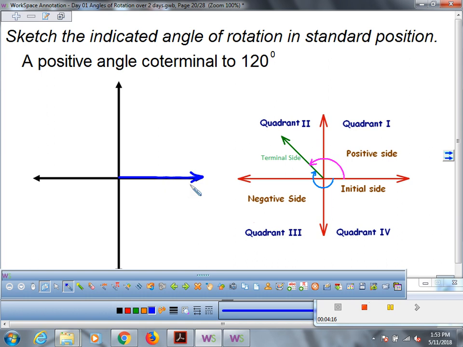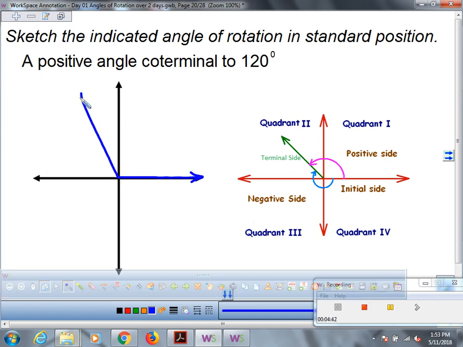All right. So my first step is to just sketch 120. If this is 90 and this is 180, right? 120 is going to be somewhere around here. Correct? This angle, this is how we draw it, is 120 degrees.